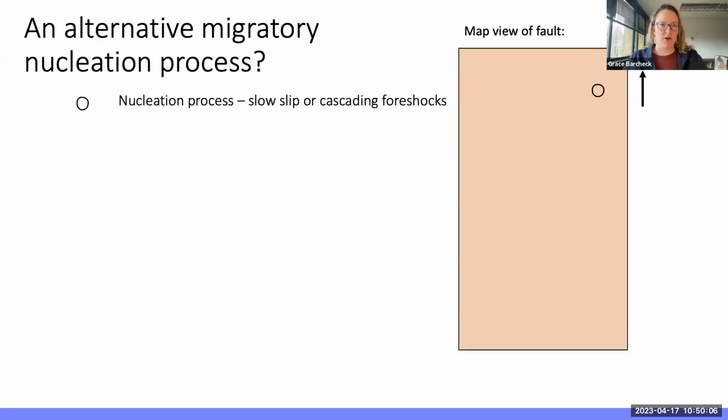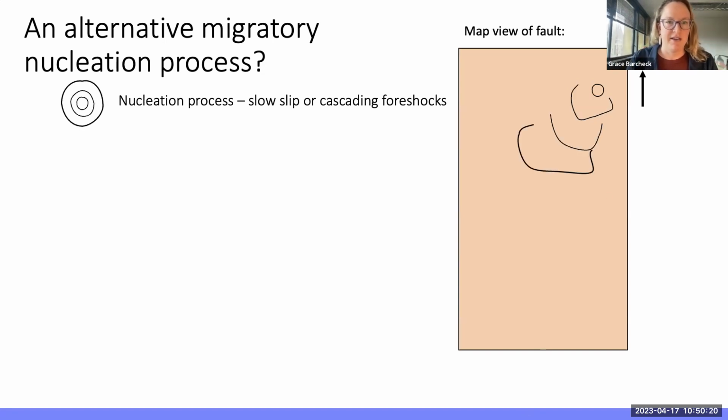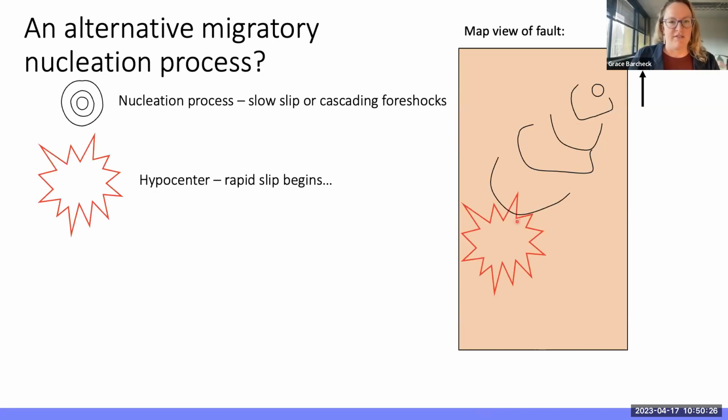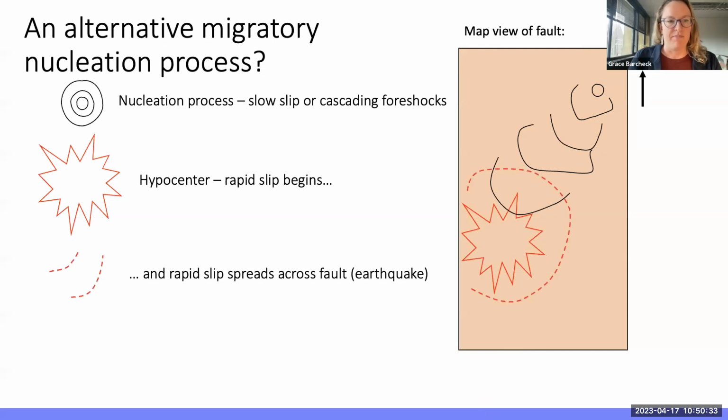And so we might hypothesize a different kind of earthquake nucleation process, one where there's some slow slip, or maybe a foreshock that cascades into more foreshocks, and whatever the process is, as it evolves, it moves across the fault instead of staying in the same place. For whatever reason, it triggers the main shock to start far away from wherever that process began, and then the rupture spreads across the fault again.